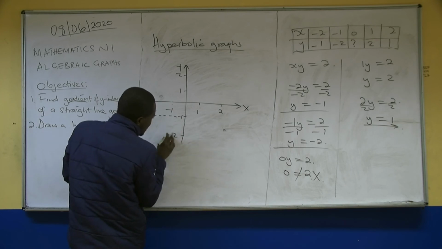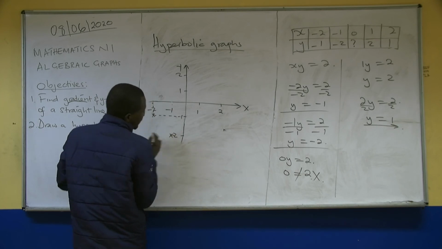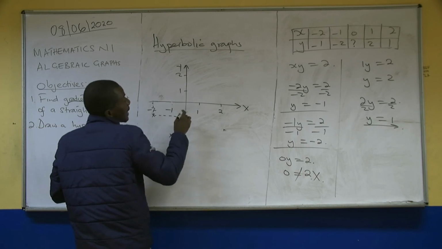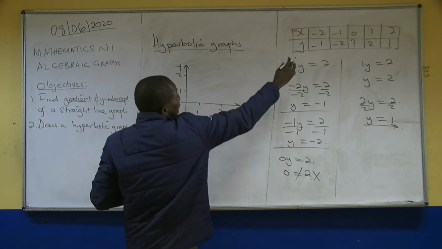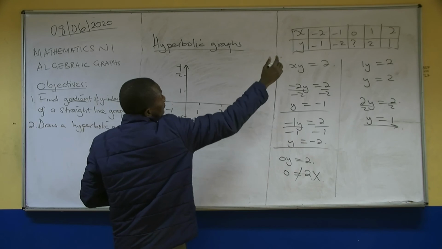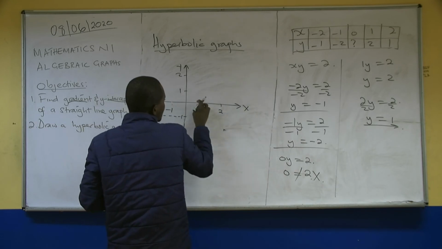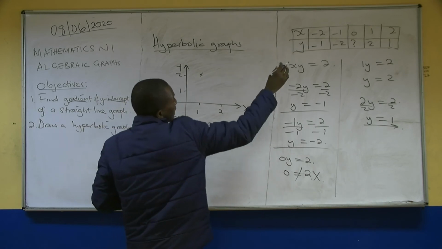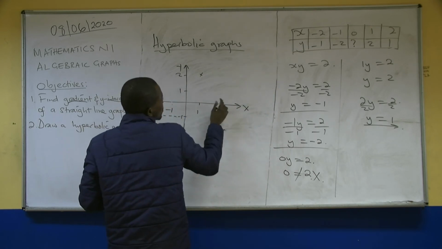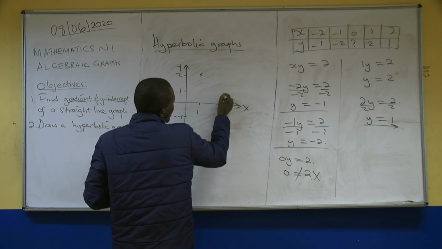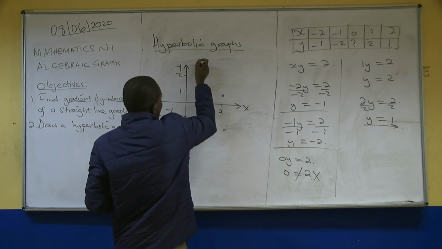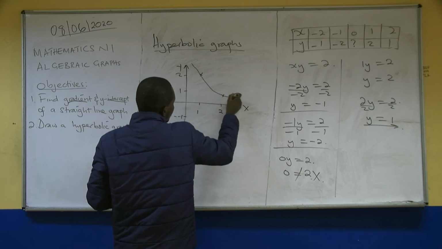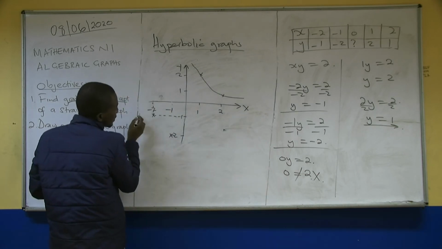Your fingers move to where they meet, somewhere here. Then we have x is 1, y is 2, let's say somewhere there. Then x is 2, y is 1, somewhere there.